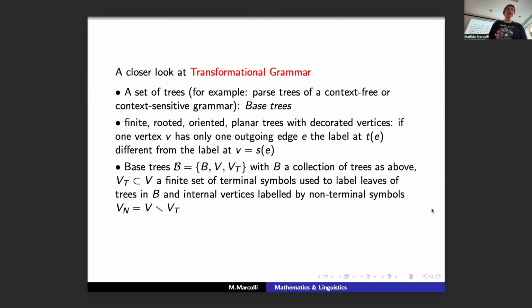This was also a way of trying to get around the problem of identifying a class of formal languages that would be strictly larger than the context-free, but not too large, that would account for these different recursions.